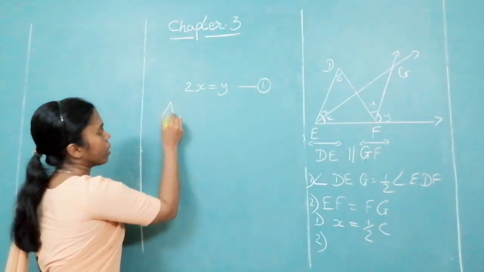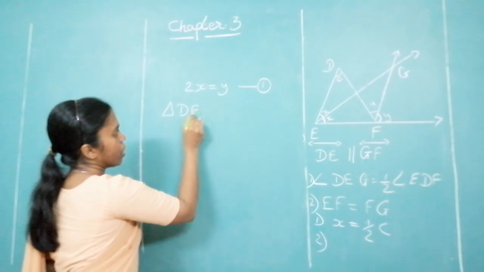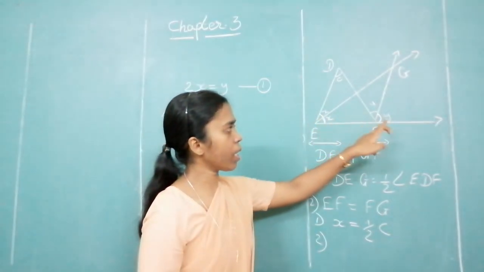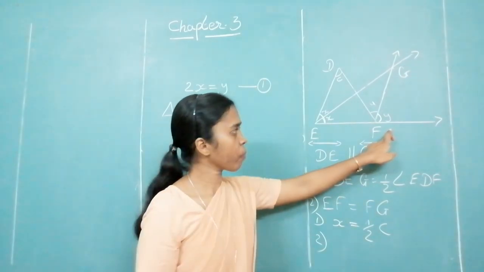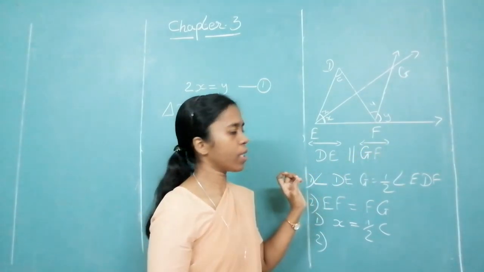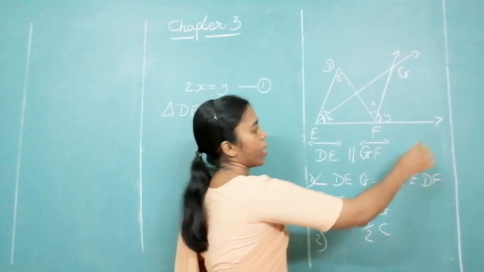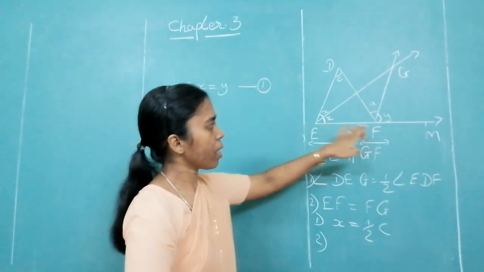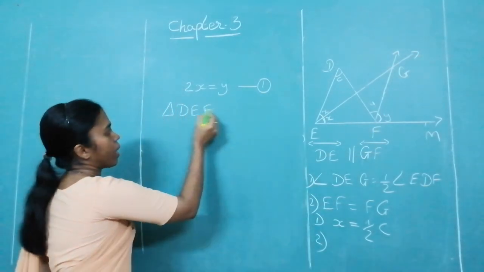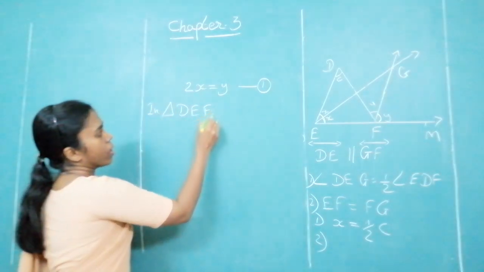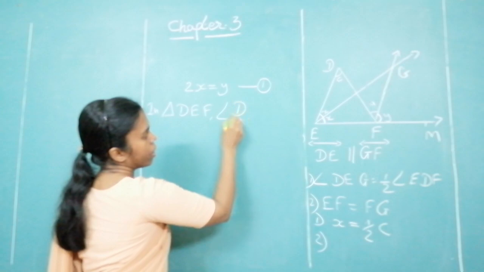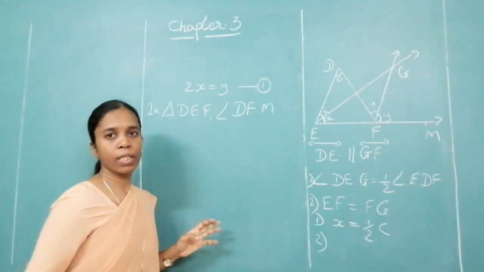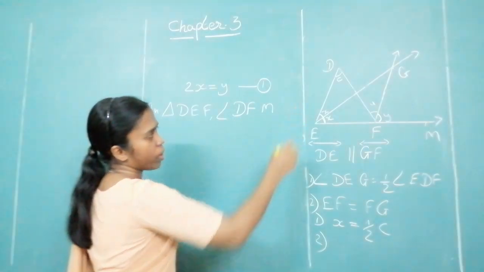In triangle DEF, which is my exterior angle? Angle DFM is the exterior angle. What is DFM now?